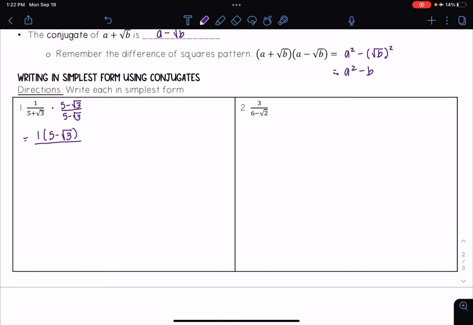Since I have a difference of squares, this is going to be equal to 5 squared minus square root of 3 squared. So simplifying that top, 1 times 5 minus square root of 3 is just going to get me 5 minus square root of 3, over 5 squared is 25, minus the square root of 3 squared gets me 3.